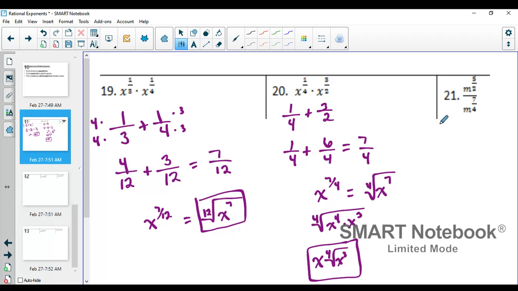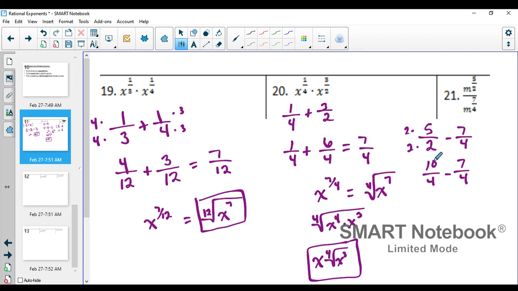All right, so for 21, we have m to the 5/2 divided by m to the 7/4. Now, we subtract the exponents if we are dividing. So we have 5/2 minus 7/4. And once again, we can make our common denominator 4, so the 7/4 stays. And we're multiplying this by 2.